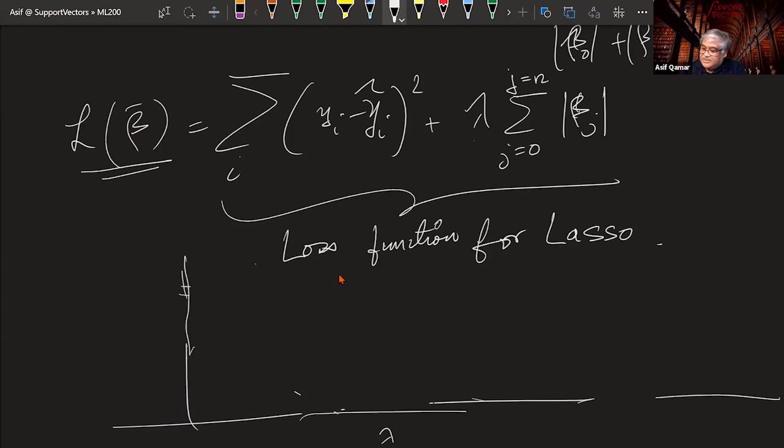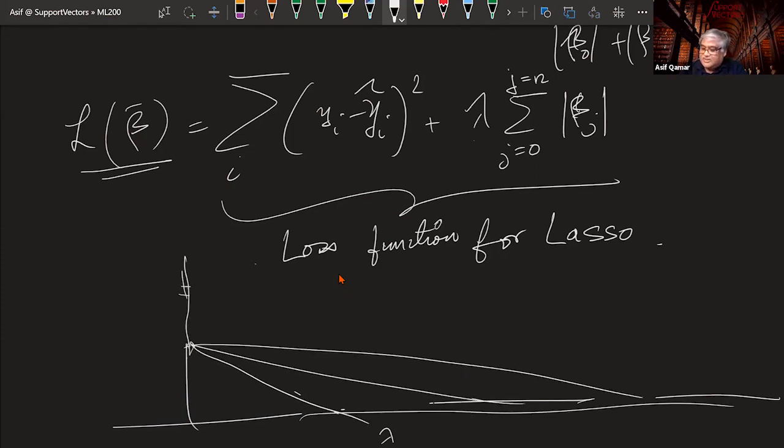As lambda increases, some betas will fall to 0, a lot of them will fall here, and some will go here. Suppose you take a cutoff of beta at this point.